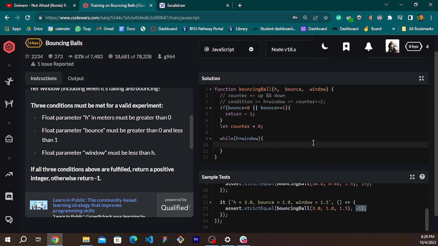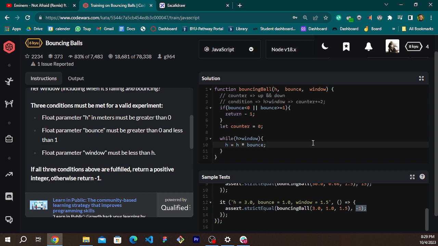So here, what will happen in the while loop, h will be changing time to time. It will be decreasing. So for the first bounce, h will be equal to h itself times the bounce, which is the decimal.